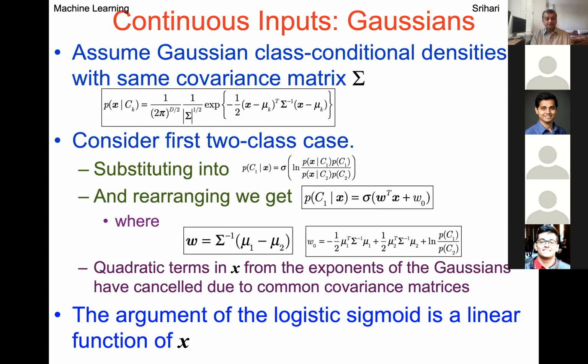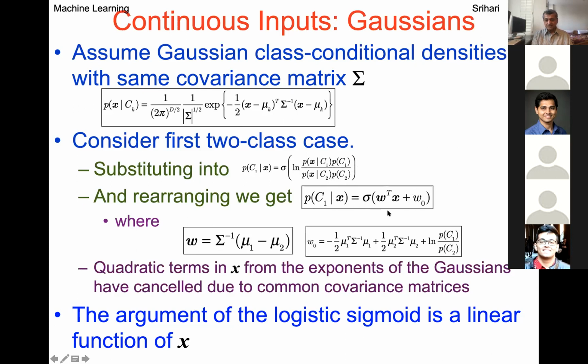Okay. All right, now back to continuous inputs, Gaussians. So we have considered first the two-class case, and we are plugging in this expression into p(C_1 | x), the two-class problem. And we can now write p(C_1 | x) as sigmoid(w transpose x).